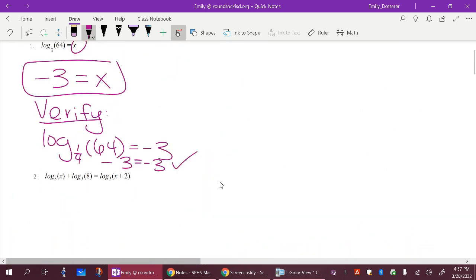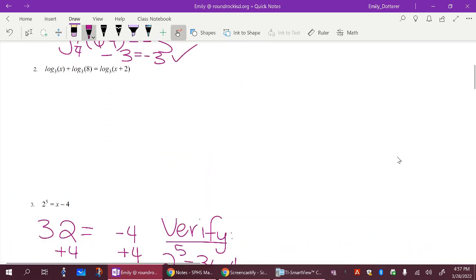Okay. The last kind of problem that we're going to look at today is one where we have to use logarithmic or exponential properties in order to simplify before we can solve. So if we look at number 2 here, we have on the left side 2 logs with the same base, and there's a plus in the middle.